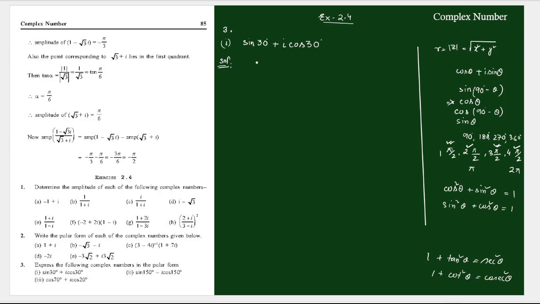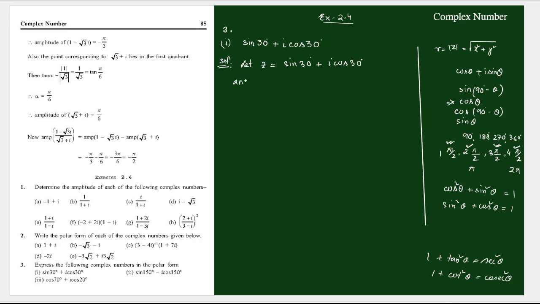So let's say this is our z. Let z equal sine 30 plus i cos 30, and then we need to write it in polar form.